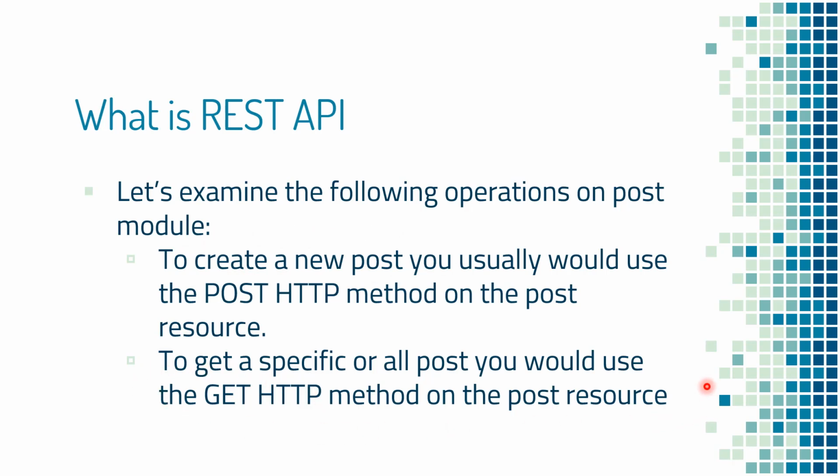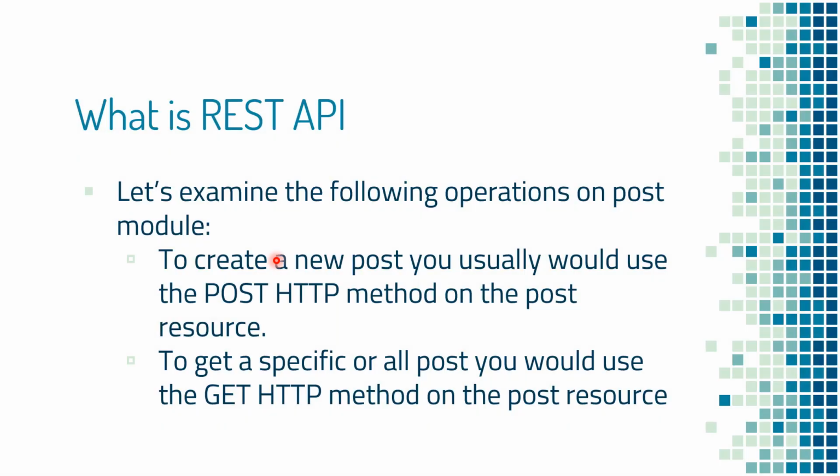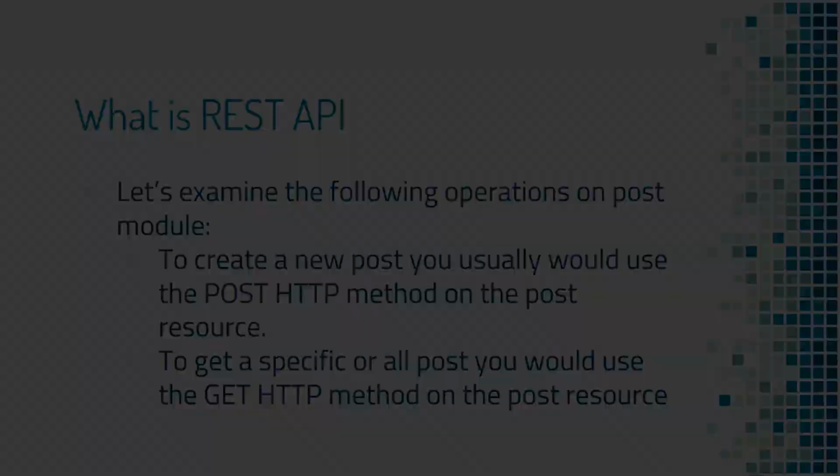When you want to fetch some data or do a read operation, you will use the GET HTTP method. When you want to update or replace something, you would use the UPDATE or PUT HTTP methods on a resource. When you want to delete, you will send a DELETE HTTP method to this post resource. As you can see, all these operations are performed on the post resource.